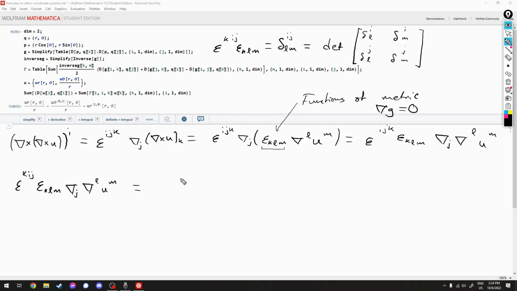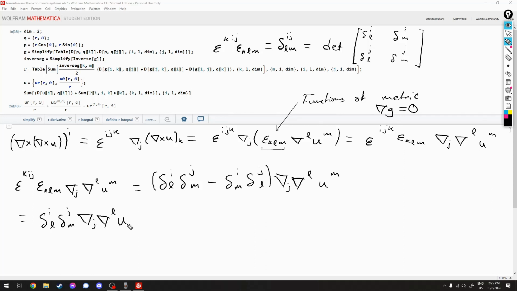So this determinant, we can work it out. That's delta i l delta j m minus delta i m delta j l, times del j del l u m. So that's delta i l delta j m del j del l u m minus delta i m delta j l del j del l u m.